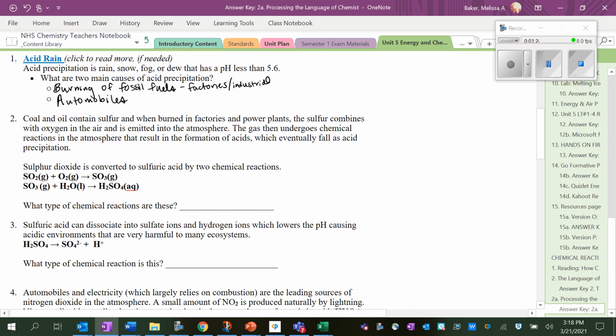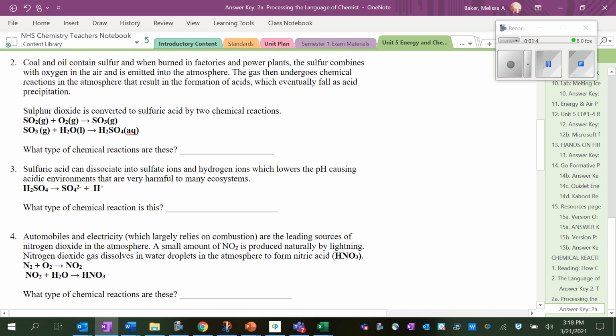Coal and oil contain sulfur, and when burned in factories and power plants, the sulfur combines with oxygen in the air and is emitted into the atmosphere. The gas undergoes chemical reactions in the atmosphere that result in the formation of acids, which eventually fall as acid precipitation. Sulfur dioxide is converted into sulfuric acid by 2 chemical reactions.